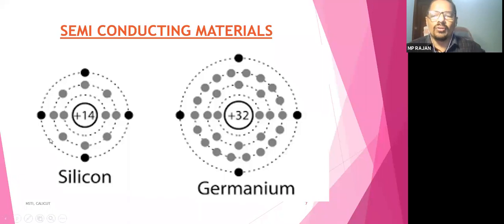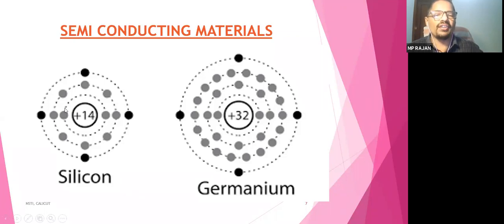For semiconductor devices, you can see the atomic number of silicon is 14, whereas the atomic number of germanium is 32. The electron distribution of silicon is 2, 8, and 4.